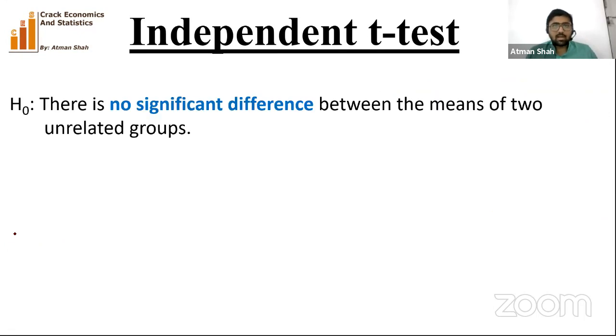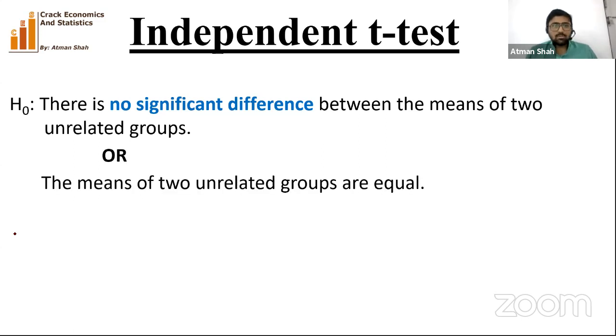So what is the null hypothesis? Here the null hypothesis is that there is no significant difference between the means of two unrelated groups, or the means of two unrelated groups are equal.